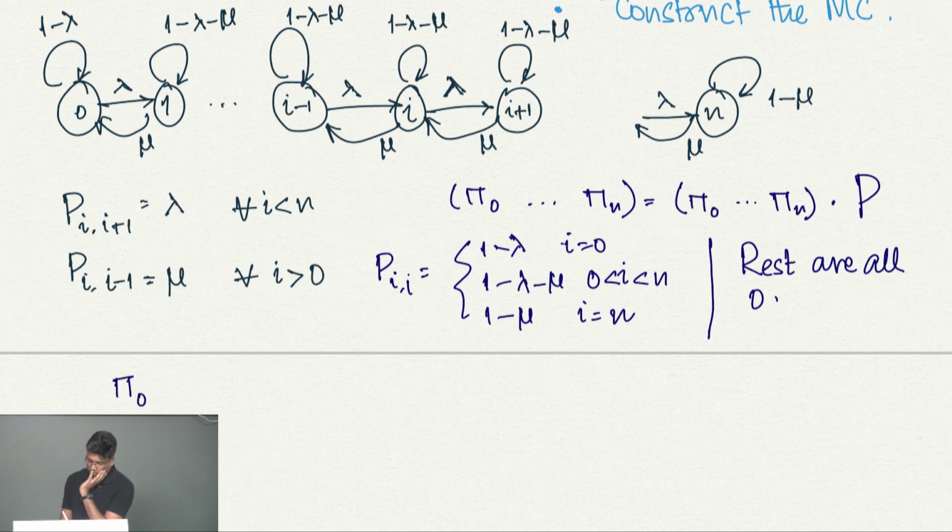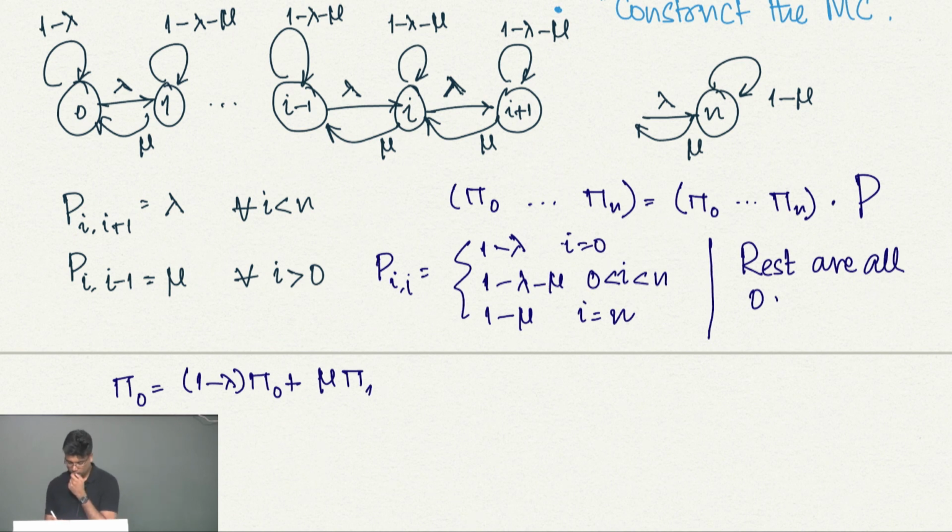My pi 0 is going to be, what are the entries that are connected to it? 1 minus lambda times pi 0 plus mu times pi 1. So what does this give you? Lambda times pi 0, rather lambda by mu times pi 0, is pi 1.